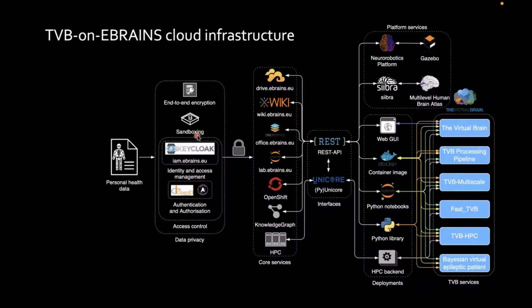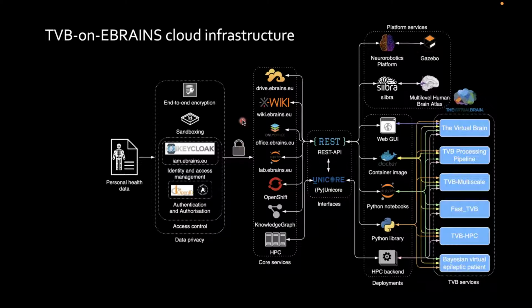So let's have an overview of the TVB on EBRAINS cloud infrastructure. We will go into some of these aspects in more detail, but let's just give a brief high-level overview. These cloud platforms and this kind of brain research make use of personal health data. So we always have data from human subjects, and this comes with certain privacy concerns, because we will see later that this data is very rich and can be used for wrong purposes, so to say.